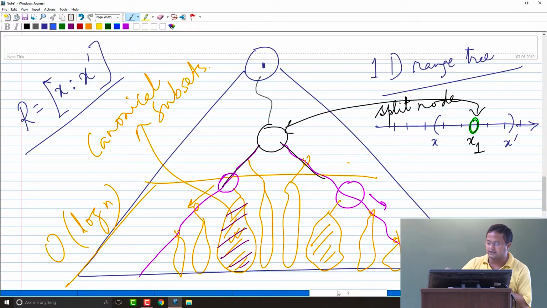When your x bar, on the left part after this split node, is going to report a bunch of subtrees of which you are sure that these x's surely lie within x to x bar.